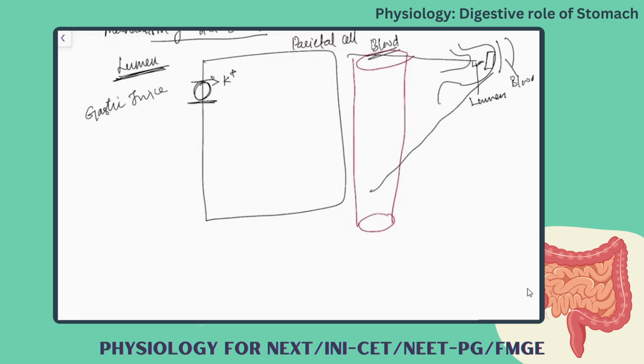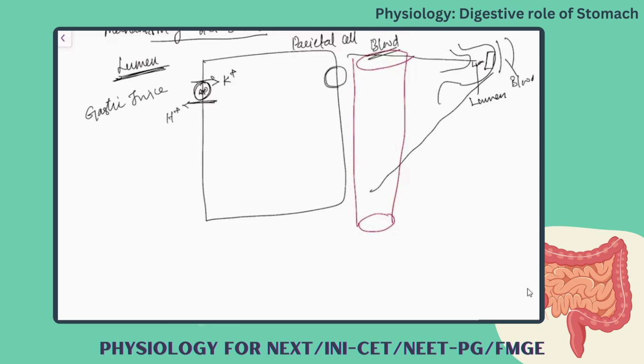Clear. Now the parietal cell has here a potassium-H plus exchange in the presence of ATP.